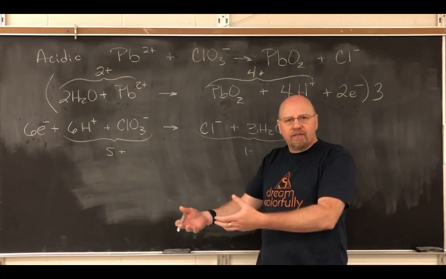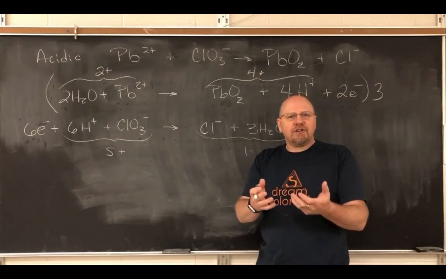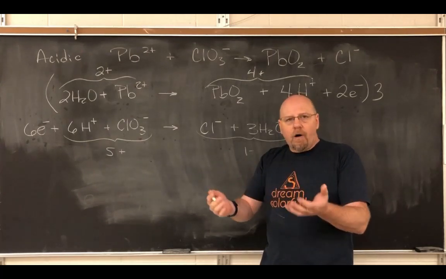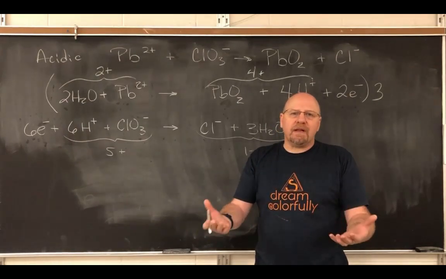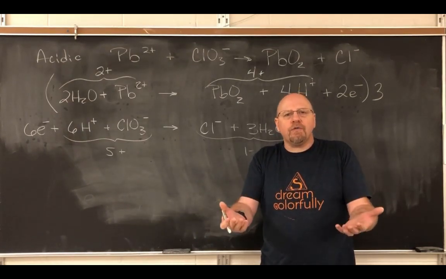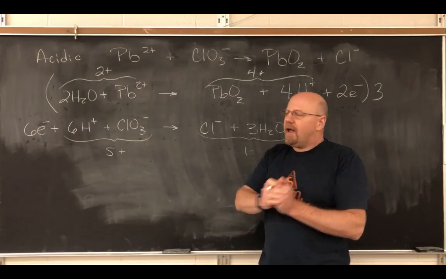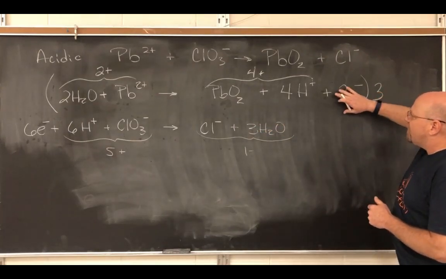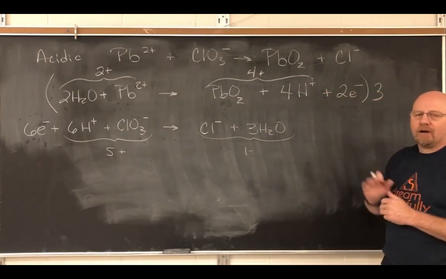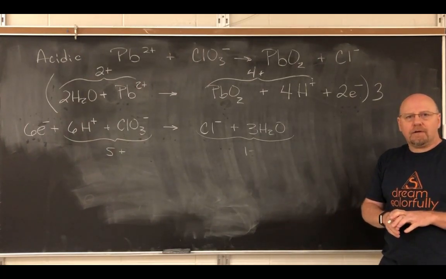Even though they were present, even though reactions exchanged electrons, they didn't show up because overall the number of electrons gained and the number of electrons lost must have been equal. And we don't show those things that cancel out if they're the same on both sides. And that's the idea here. We want to make sure that the number of electrons represented on the reactant and product side are equal so that they end up canceling out.